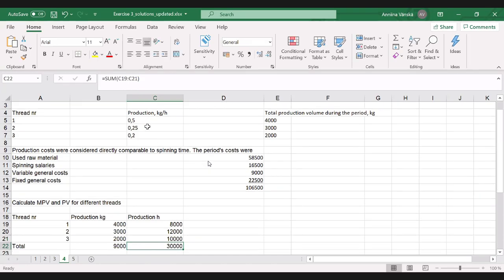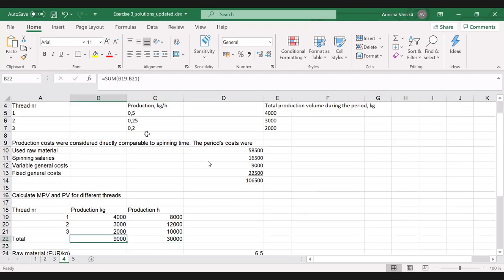So knowing how many hours it takes to make that amount of products, we have here now the production hours. So all in all, there's 9,000 kilos produced, and altogether 30,000 hours used for production.